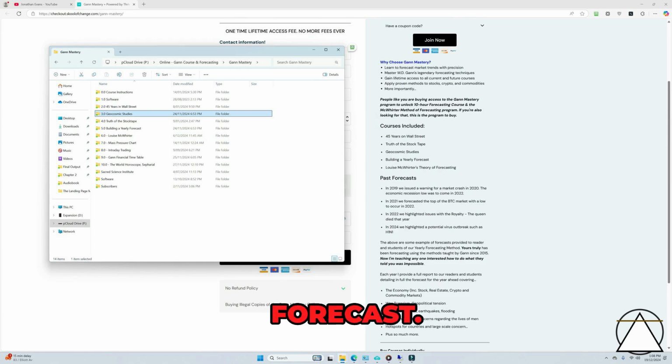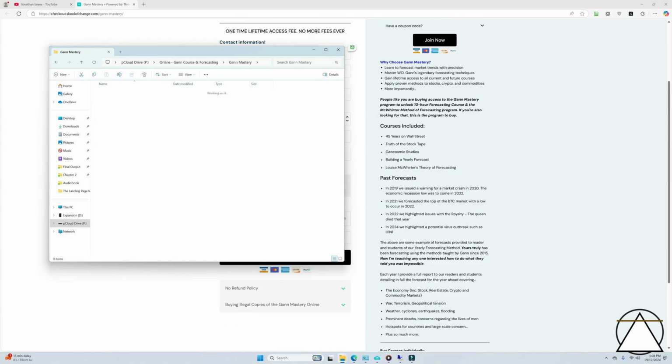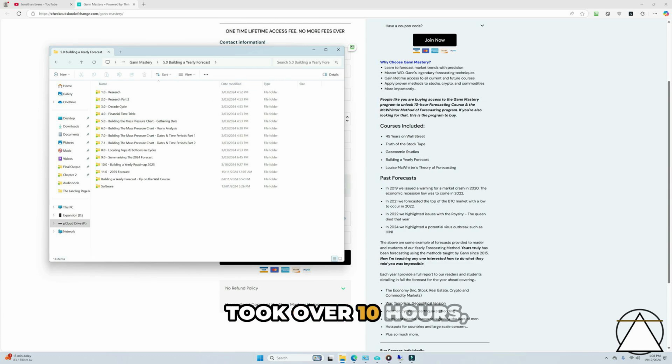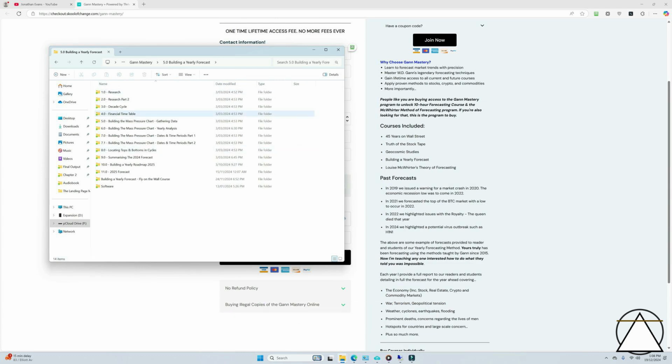Building a yearly forecast, yes, this was actually quite a comprehensive one of mine. It took over 10 hours, I believe, of recording. But basically I'll show you what research methods I apply. I look at the decade cycle, the financial timetable, and then I'll go ahead and show you how I would build the mass pressure charts. And there's actually quite a few sections here.